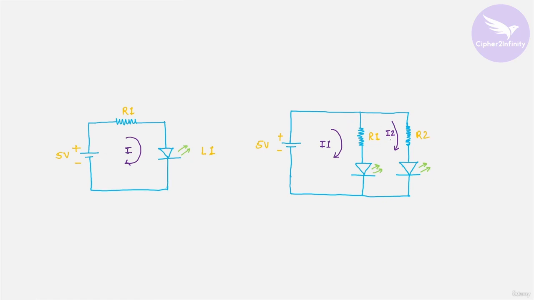R1 and R2 are limiting the amount of current which will flow towards this LED, and based on the value of the resistor you use in a particular branch, the intensity of this LED will be decided. I hope this point is now clear to you.